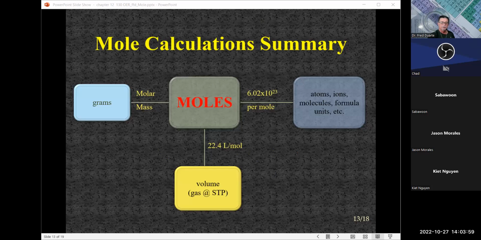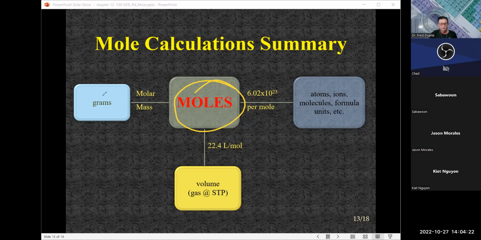And that's what this flow chart is all about right here. There will be another flow chart down the road that adds another part to the whole picture. But here's the thing, as I explained, I can't go in any direction without going through moles.